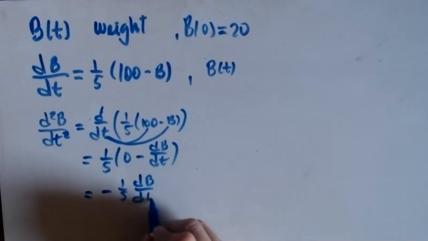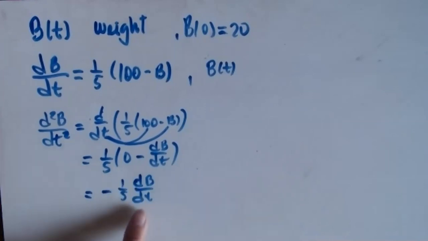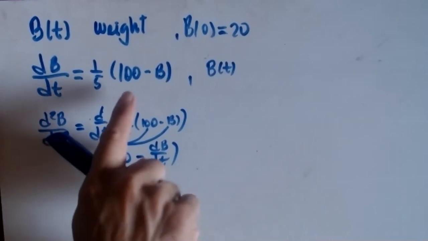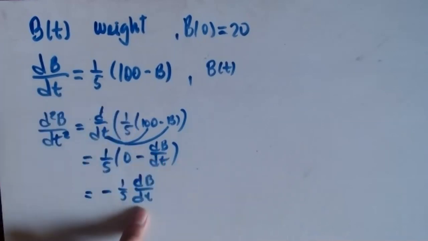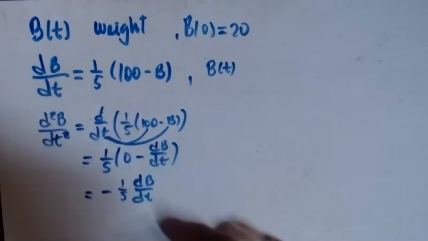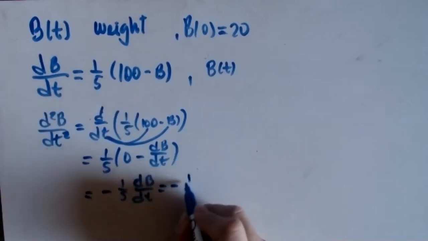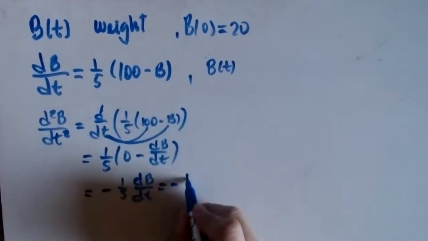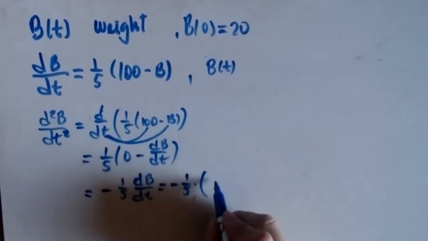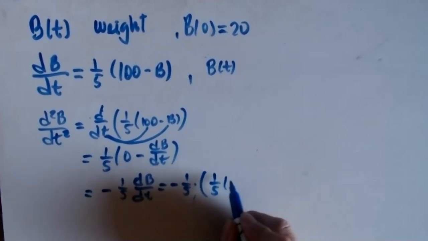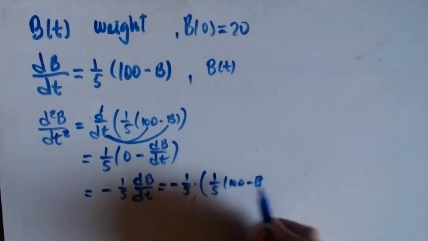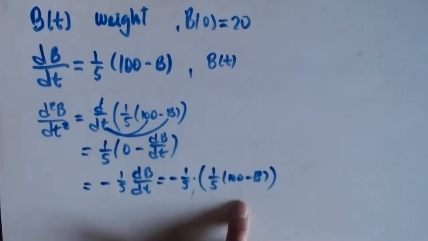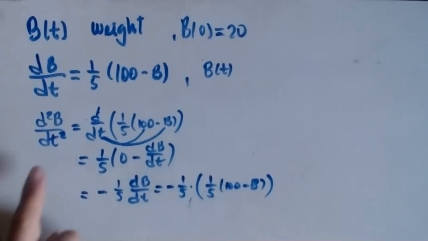Now, listen, you are going to express it in terms of b. This is db/dt, so you're going to put this one. So this is going to be negative 1/25, or let me put it explicitly, negative 1/5 times (1/5 (100 minus b)). This is the meaning of expressing the second derivative in terms of b.